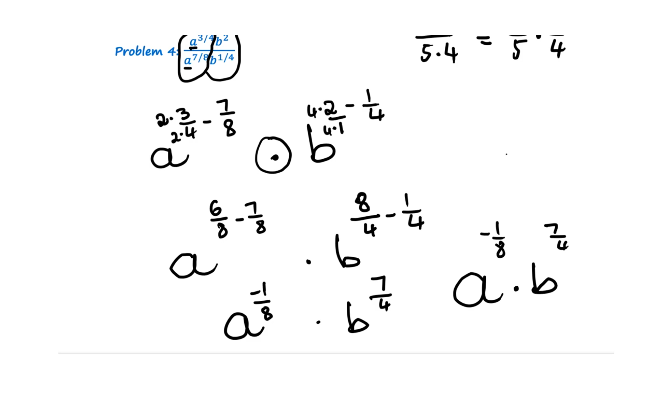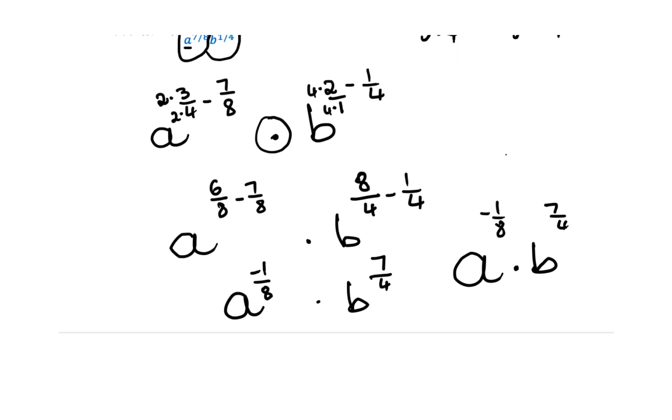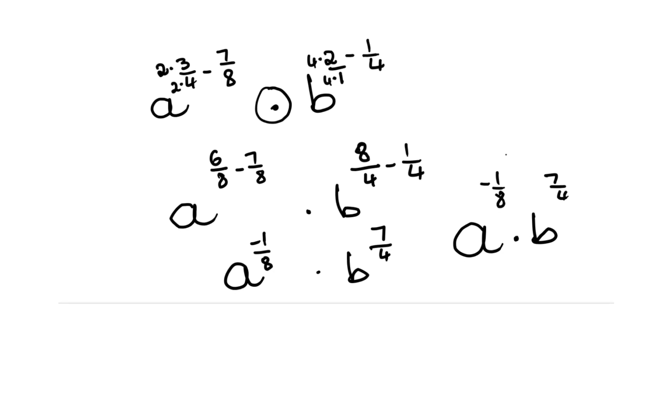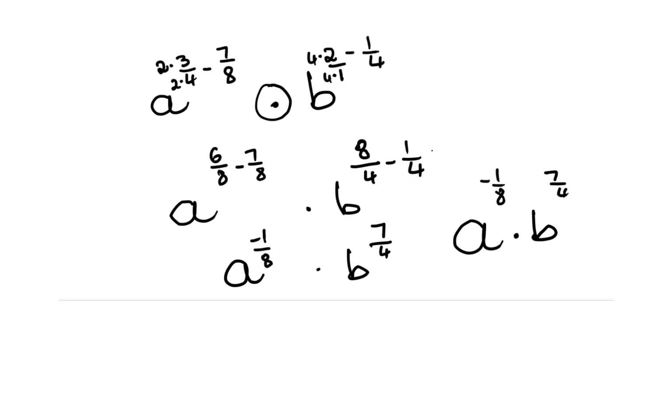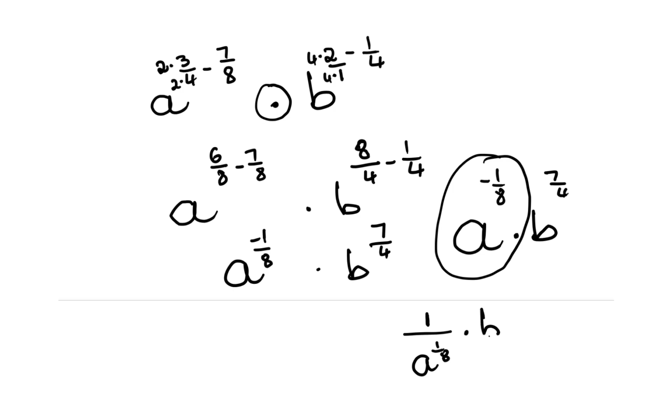Okay, so let's say instead they wanted to have the answers as positive exponents. So now I have to change this into a positive exponent. Well, that's pretty easy, right? You write as a fraction, 1 over a to the power of 1/8, times b to the power of 7/4. If you see, I kept the b to the power of 7/4 on the top. I didn't write it as a fraction. Why?